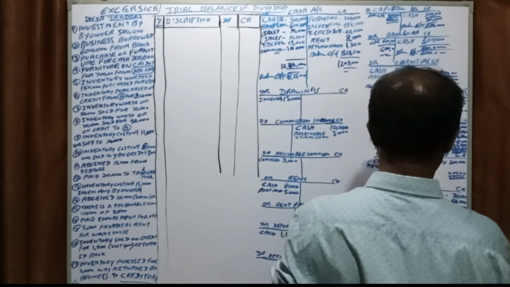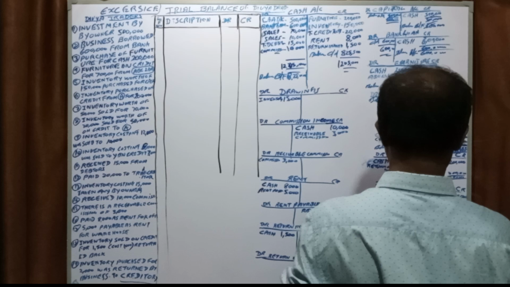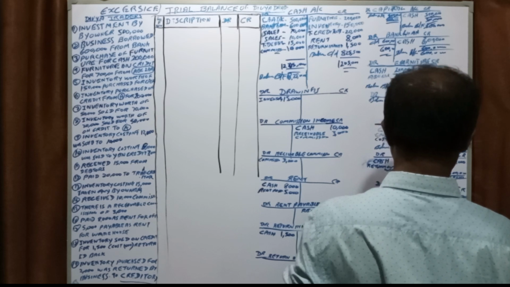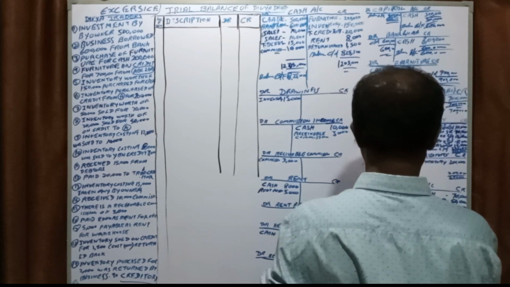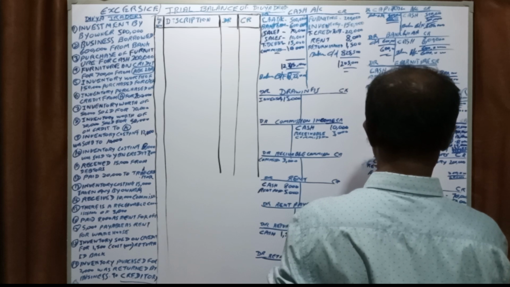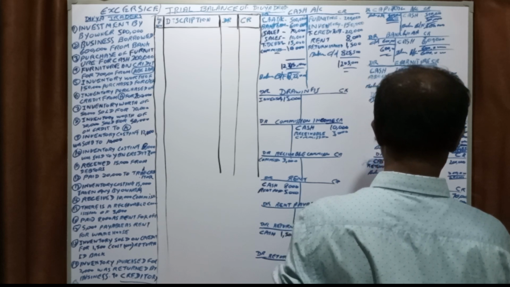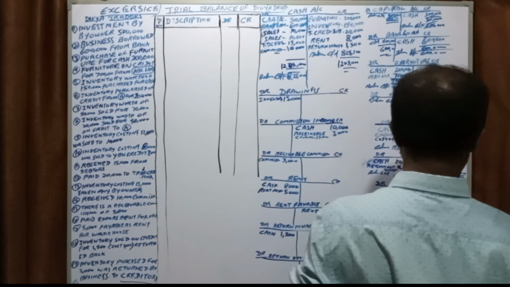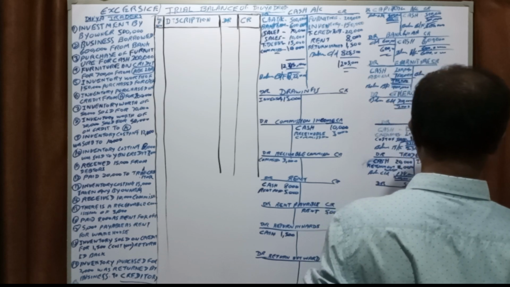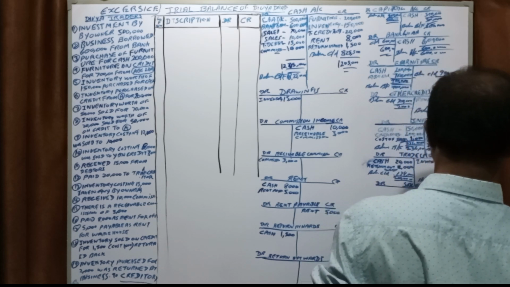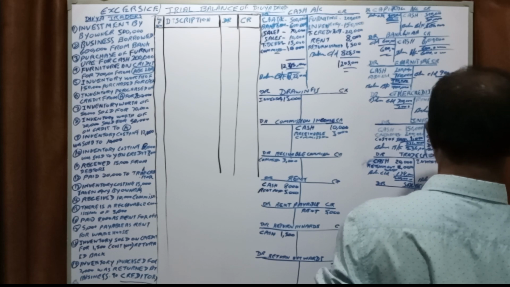Here it is 200,000. Here balance carried down 178,000. Balance brought forward 178,000.